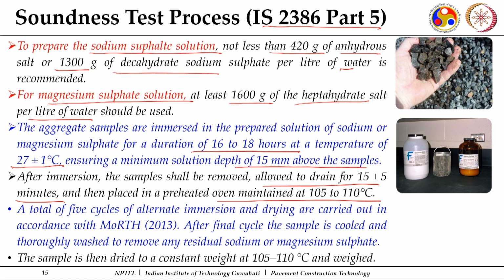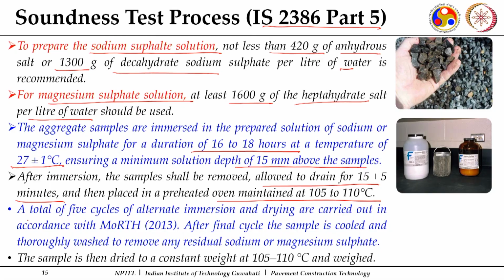This is one cycle where the aggregates are submerged, taken out, and oven dried, and depending upon the requirements, MORTH for most cases recommends that this needs to be subjected to 5 cycles. Considering environmental factors, people do try to do this soundness test for more cycles also, but MORTH recommends at least 5 cycles of immersion and drying with these salt solutions.